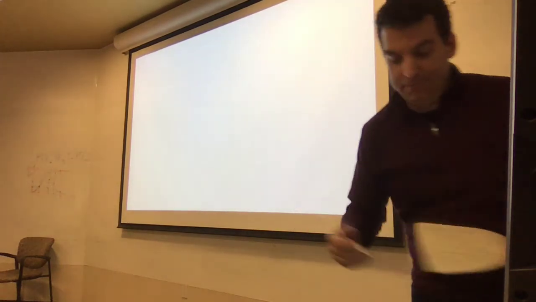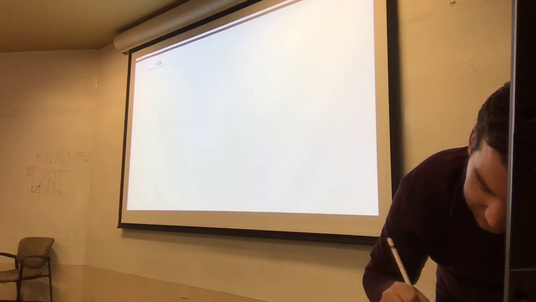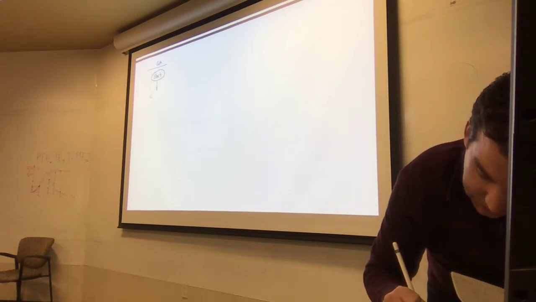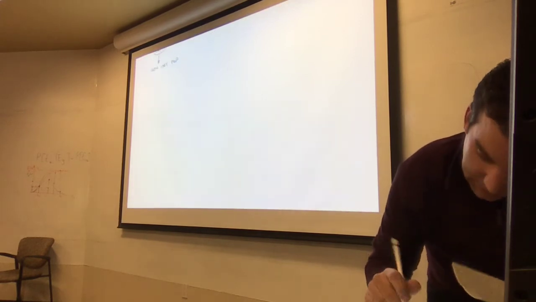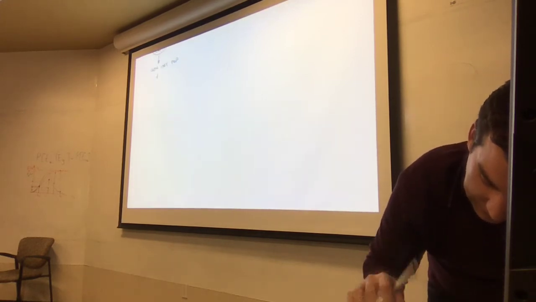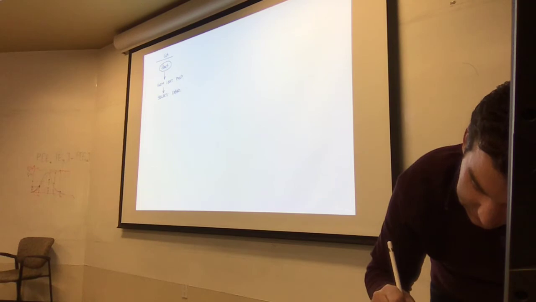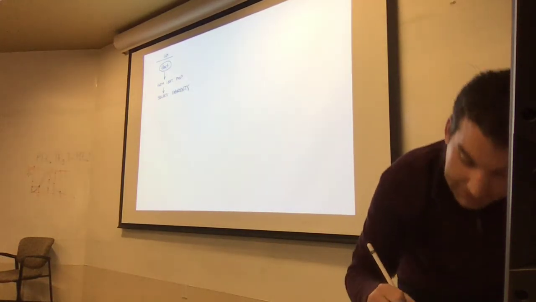The basic GA flow, which I'll write on the left, is you start, you generate your initial population. You then select parents, which is basically choosing a subset of that population.